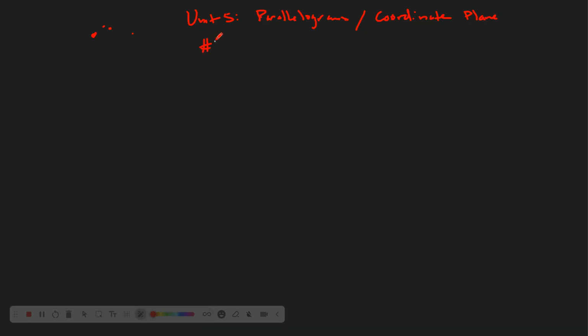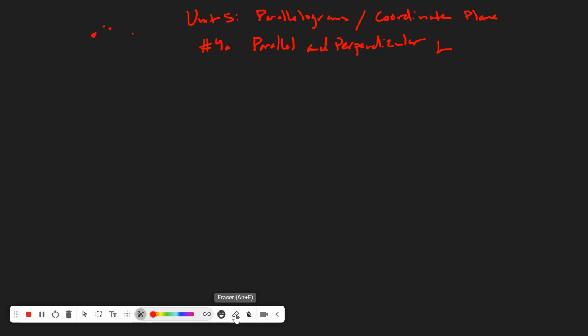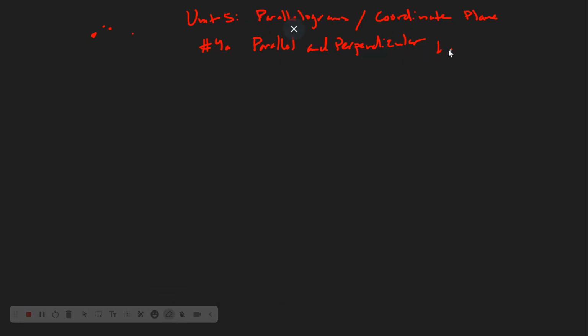And this is going to be number 4A, on parallel and perpendicular lines and the coordinate plane. Long titles, I apologize, but it is what it is. So, parallel and perpendicular lines with the coordinate plane.